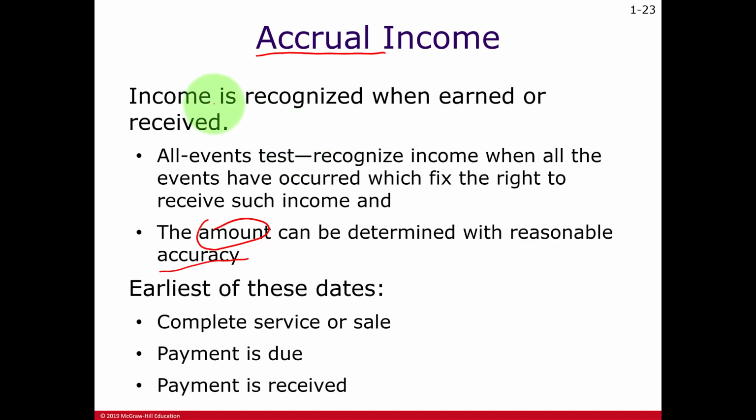Here we're talking about income. So you know you're going to get this amount, you've done the work already, and the customer recognizes that. Here it says that it may be required that you report the income even earlier if you receive it in advance. So you got the money up front.